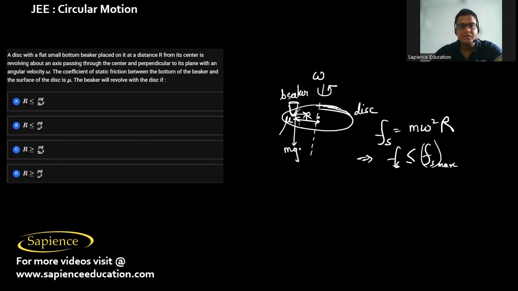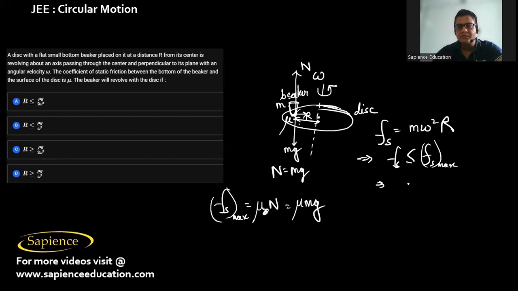Here m is the mass of the beaker, suppose, so its weight will act, and this is the normal reaction. So we know that fs max, the maximum static friction or the limiting friction, is equal to mu s into n, or mu n. Here n will be equal to mg, so it will be mu mg.